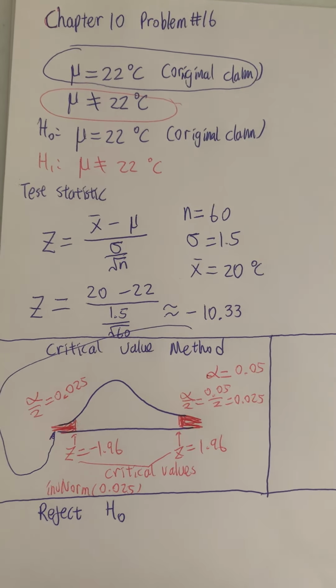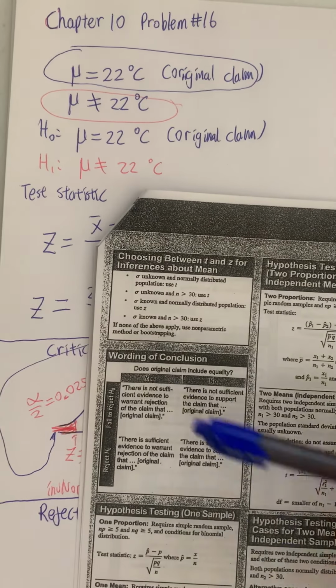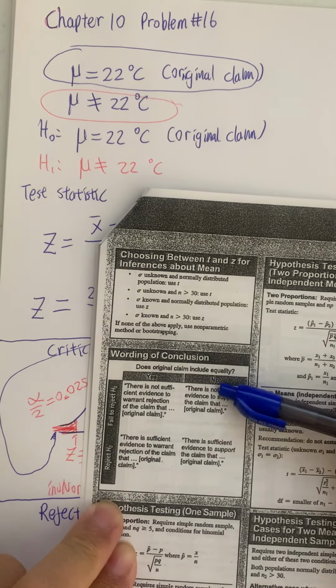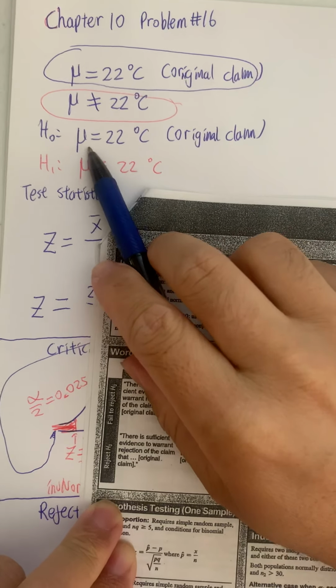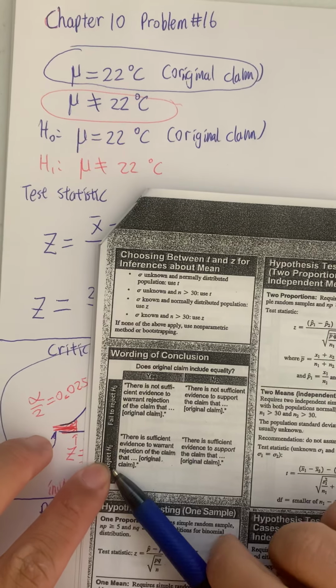And then the final wording is on the formulas that are given to you on page number 3. Does the original claim include equality? Here's the original claim. It had an equal sign. The answer is yes. And then we reject the null hypothesis.